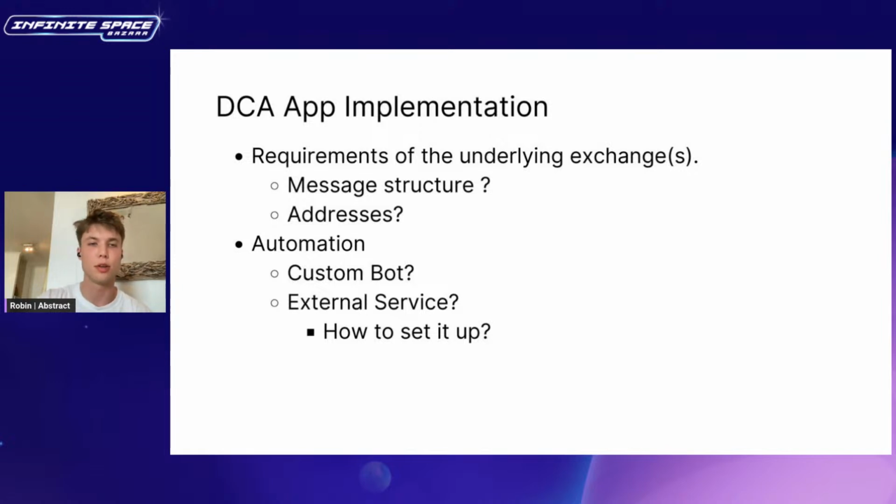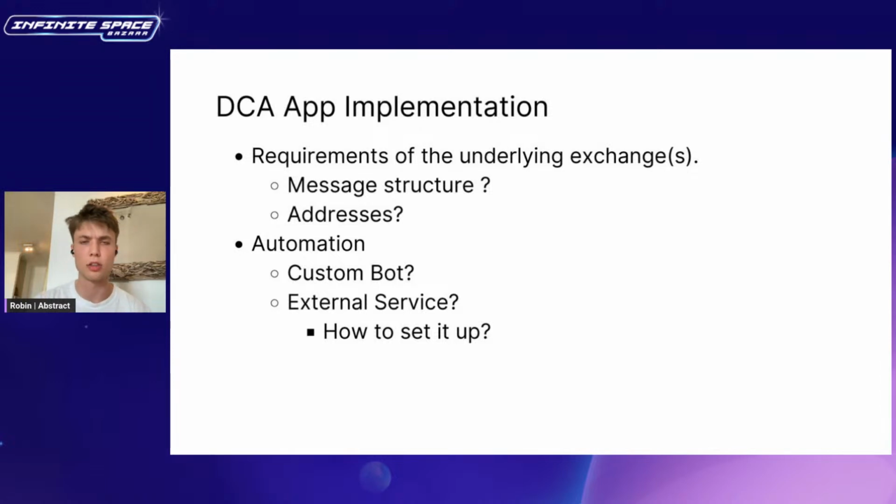And we also need to know the on-chain addresses of those smart contracts or of those pools so that we can actually interact with them. And then on the automation side, we need to write maybe our own bot that will execute it. Or maybe we want to rely on an external service, but then we also need to figure out how to set it up.